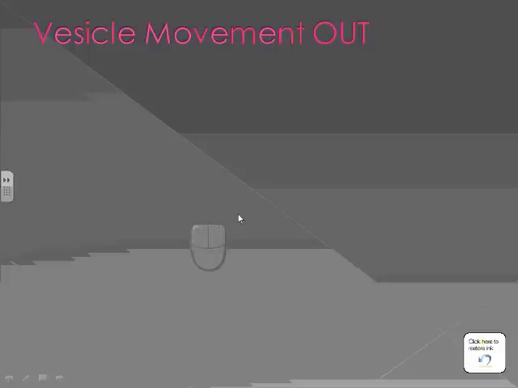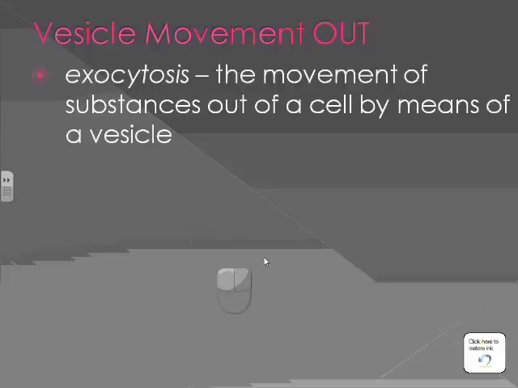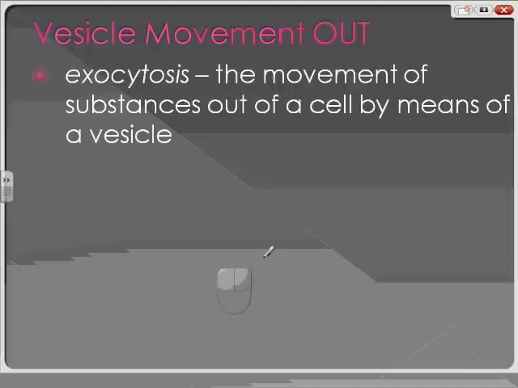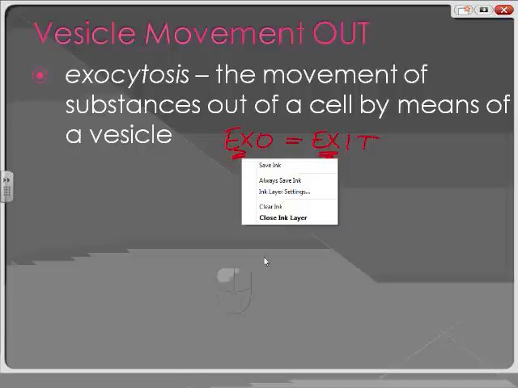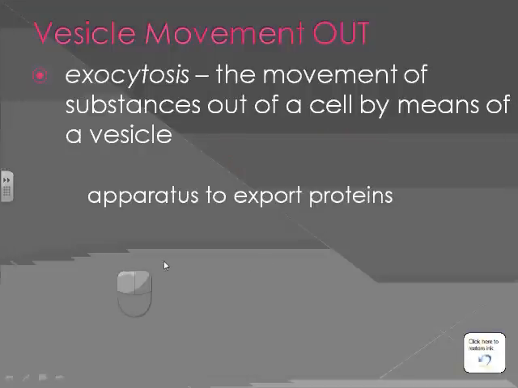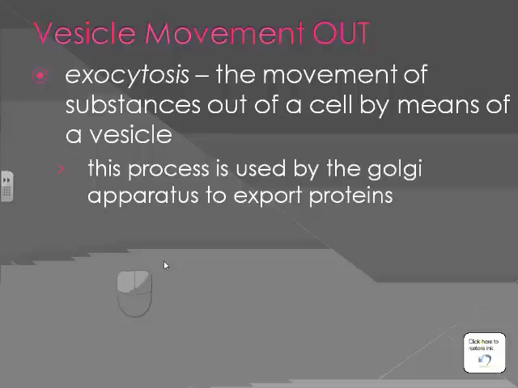So now let's talk about how stuff gets back out. Exocytosis. I like to tell my students, exo for exit. This is the way out. This is basically going to be endocytosis, but in reverse. It's going to look very similar. Think about it this way. Now you have all those amino acids.